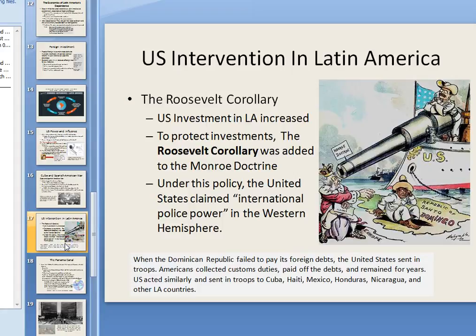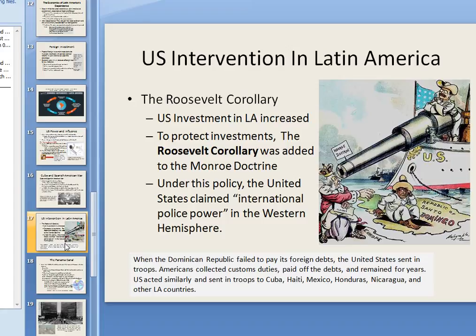Now, just to add to our interventionist policy, which is something that we just pursued, is the Roosevelt Corollary. And basically, U.S. investment in Latin America increased, and to protect those investments, the Roosevelt Corollary was added to the Monroe Doctrine. Remember, the Monroe Doctrine says no countries from Europe can come over and try to colonize any of the Americas.